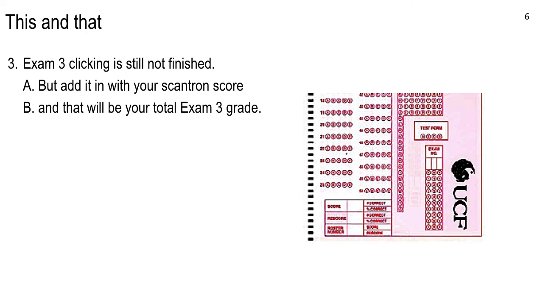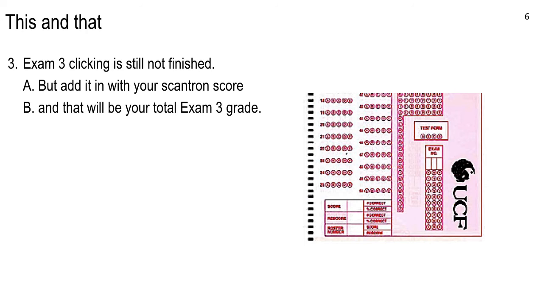All right, so this one, usually I make it so that the homework and the clicking together add up to 55, so that's actually bigger than a midterm. I usually make homework and clicking add up to the same as one midterm.